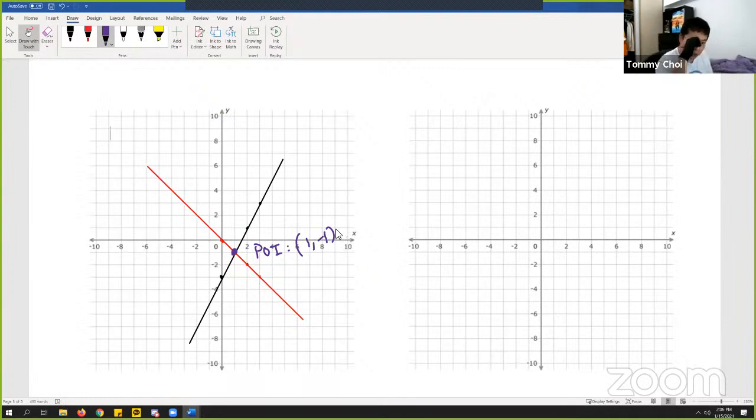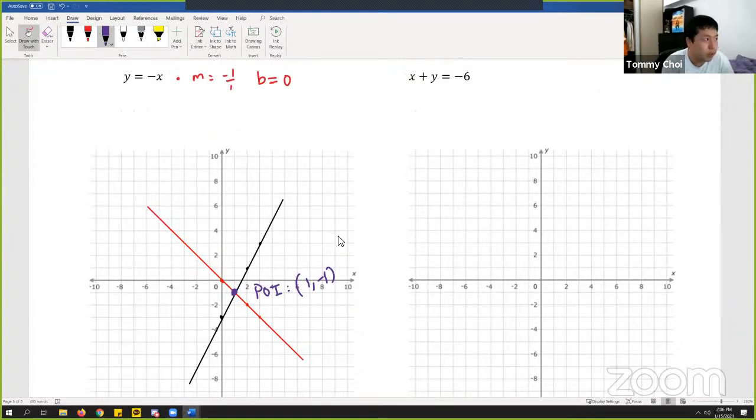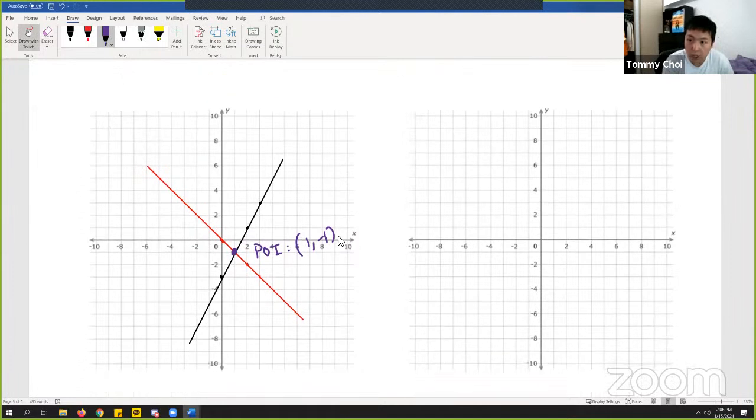So that is the point of intersection, and we are good there. So that was the answer to question 1A. You had to graph it using whatever method you want, but the answer that everyone should have gotten is 1, negative 1 as your point of intersection. Any questions? Any questions here? Looks like we're pretty good.